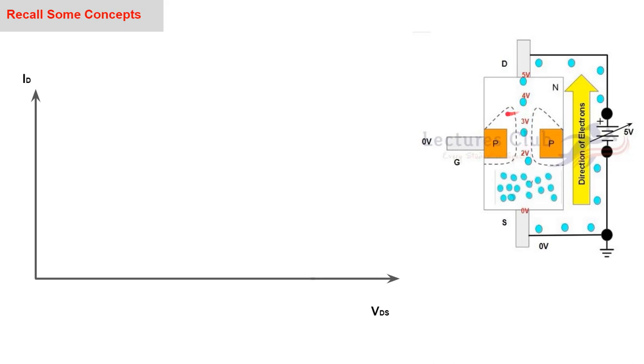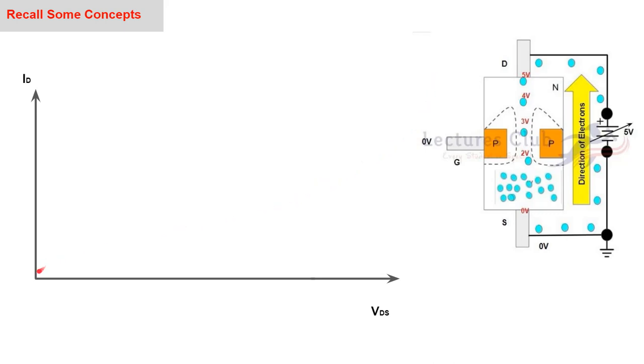Similarly, if this depletion region decreases, definitely the current through the channel will increase because depletion region is decreasing. So when we are changing the drain to source voltage, drain current is changing. We are using these two things to define different terms which are necessary to understand the working of JFET.